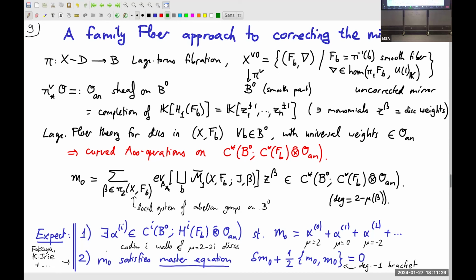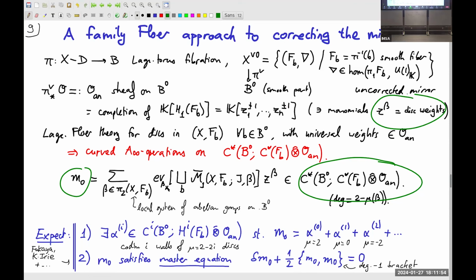And we are going to encode that in a family M0, which will be a co-chain on, really on X, you could say, but I'm thinking of it as on the base with coefficients in the fiber, with coefficients on a certain sheaf where exactly those Z betas live.